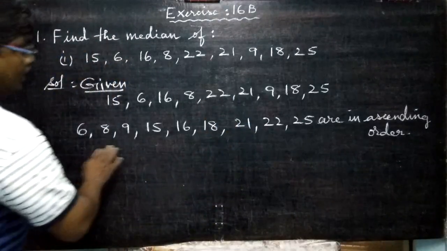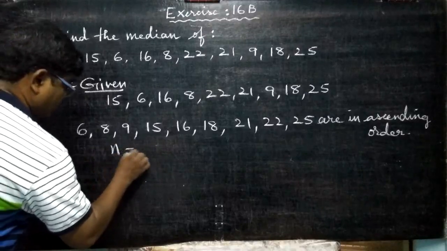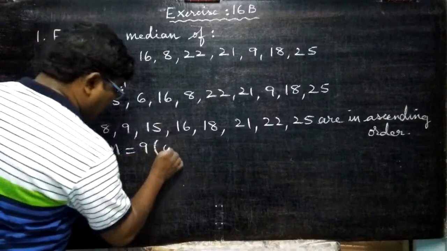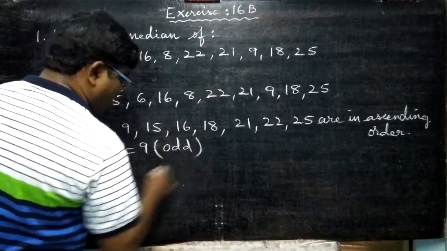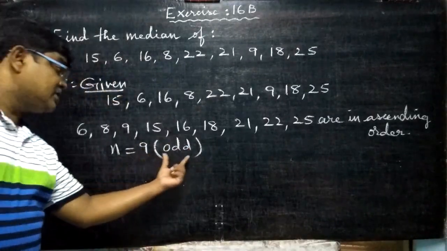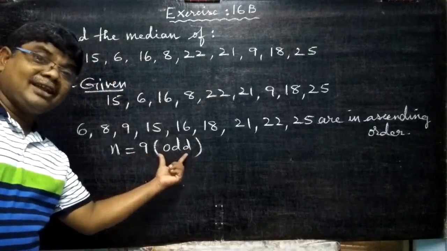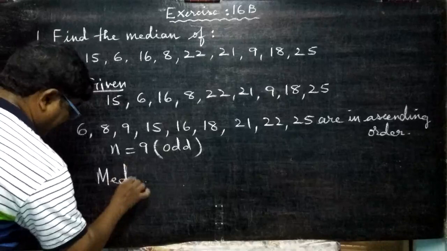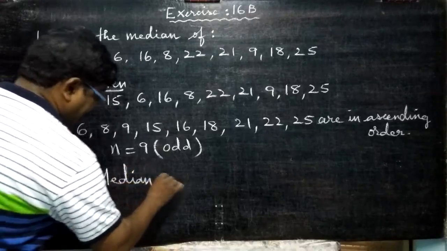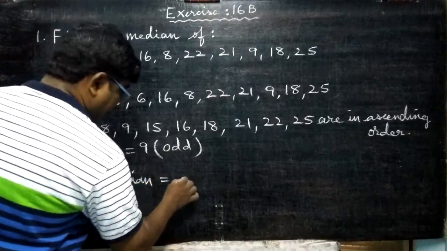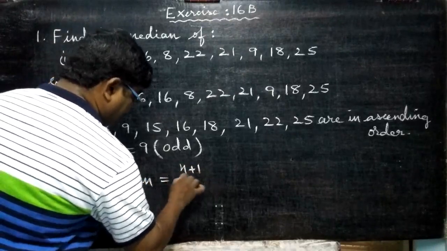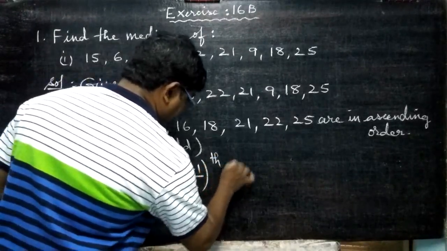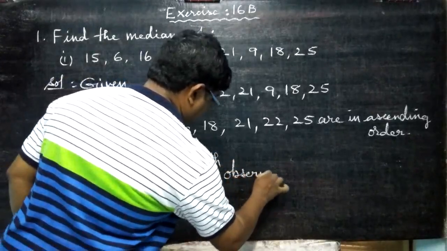Now here n is equal to 9. Is 9 an even number or an odd number? Odd number. n is odd. The formula depends upon whether n is even or odd. So now they told us to find the median. Median is equal to the (n plus 1) by 2 th observation.